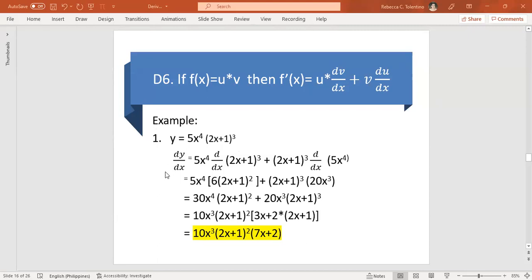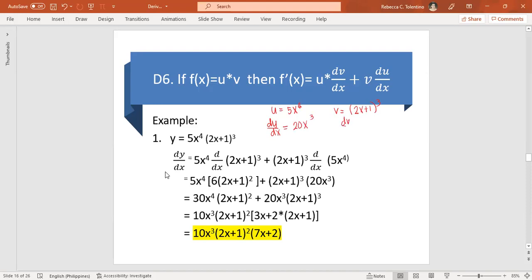In here, our u is 5x to the 4th. Our v is the second component, so that's 2x plus 1 cubed. So our du over dx, applying the previous rule, is 5 times 4, so that's 20x cubed, that's 4 minus 1.